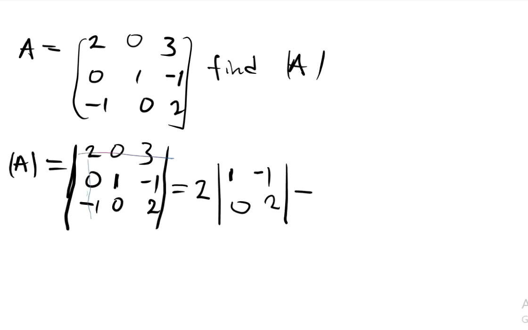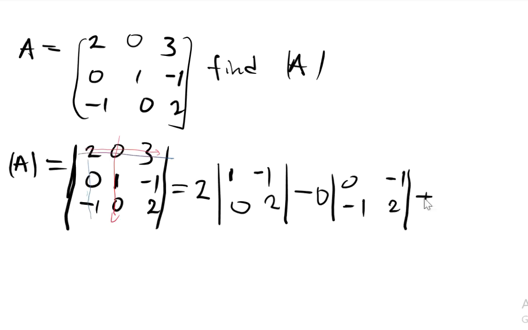Then we'll cancel this row and column as well, so what is left is this and this part. The coefficient is 0, with 0, minus 1, minus 1, and 2.